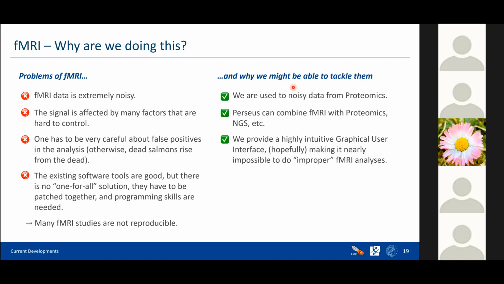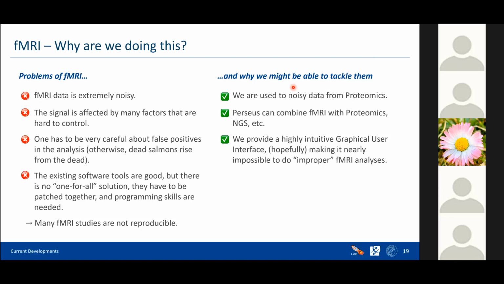So we provide an intuitive graphical user interface, and by this we hope to make it nearly impossible to do some crazy, improper fMRI analysis. So I think by this we can really make a very good contribution to this field.